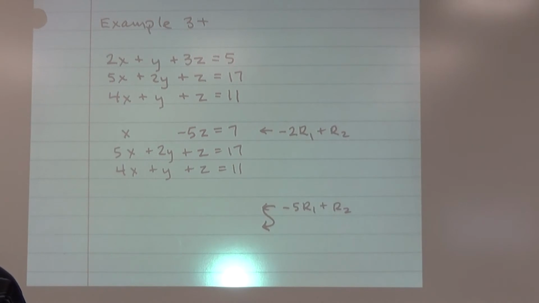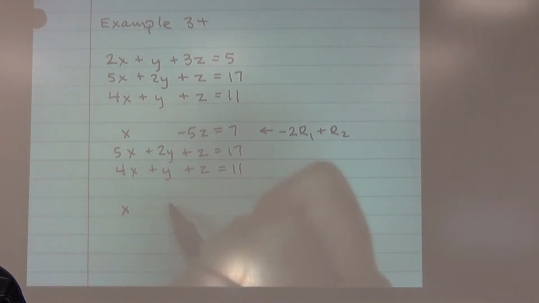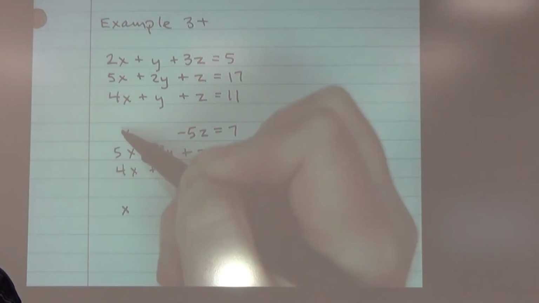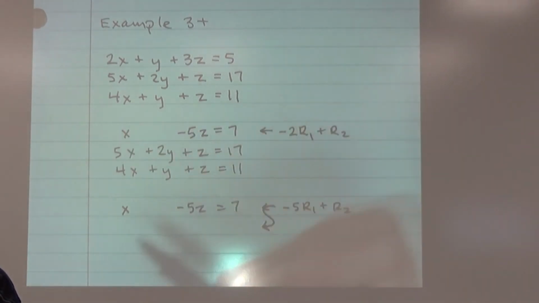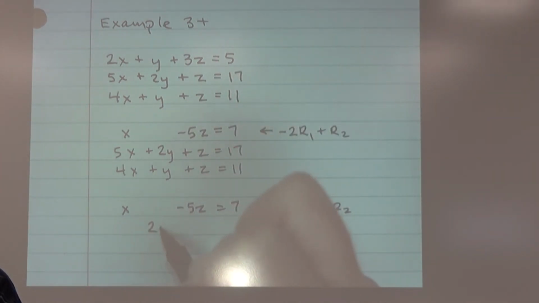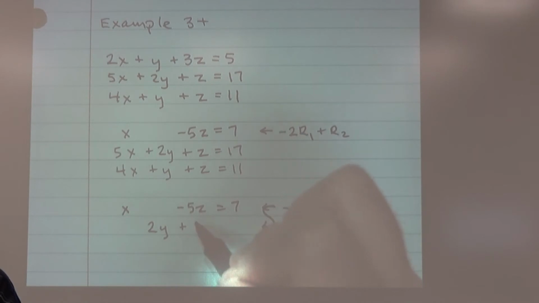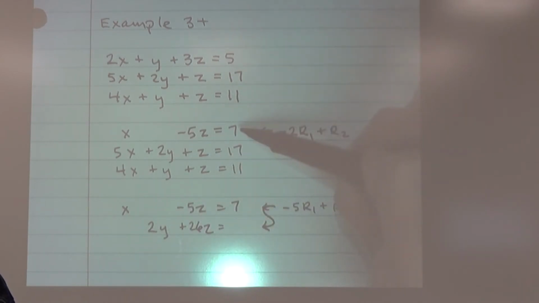The first one we're just going to keep because we like it, starting with x. And we're going to multiply by negative 5 and add, so gone. Multiply by negative 5 and add, we get 2y. Multiply by negative 5 and add, we're going to get 26z. And multiply by negative 5 and add, we're going to get negative 18.